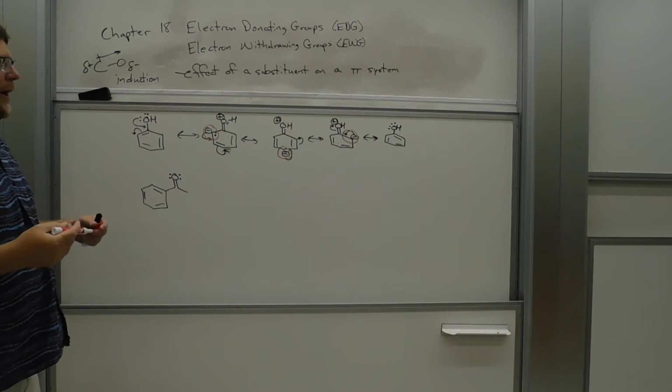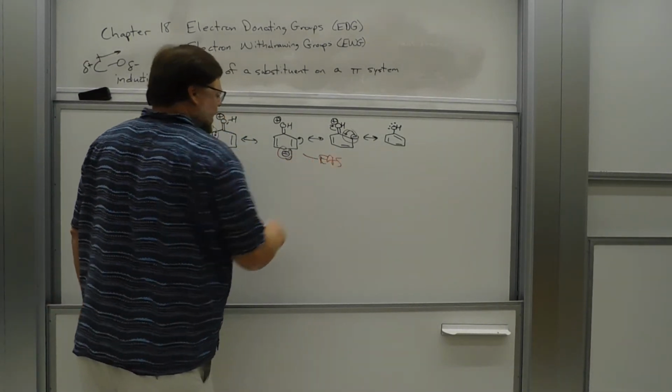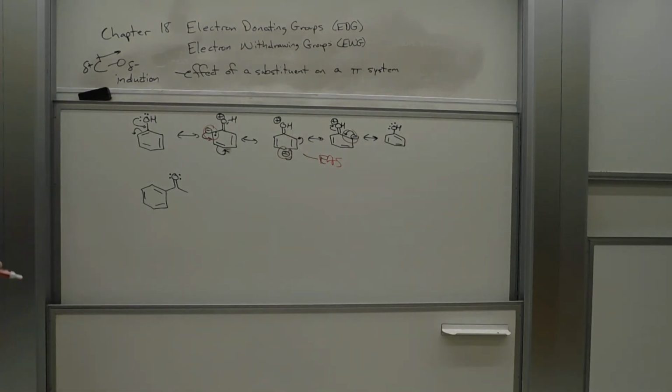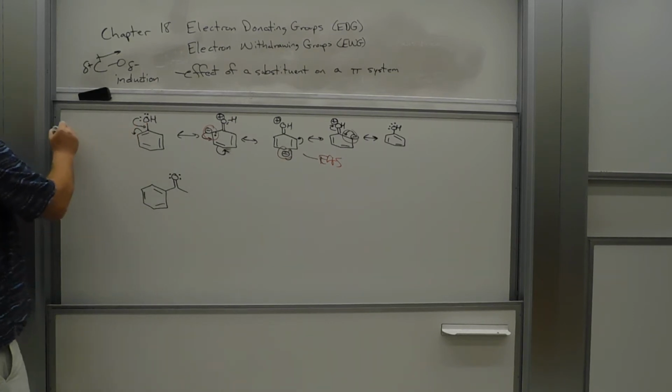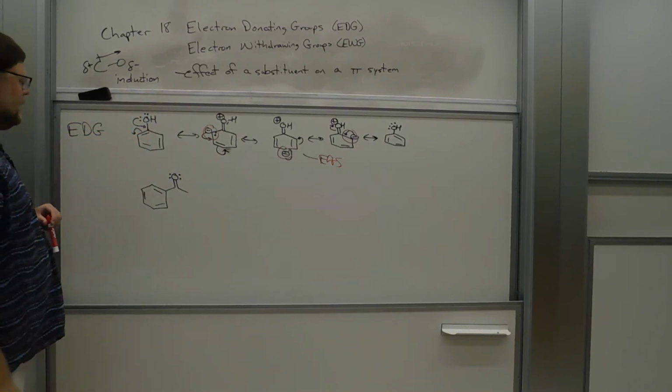And that's exactly what we find. We're going to find this in the electrophilic aromatic substitution reaction, which is going to take up most of our time in chapter 18. All right, and we would call OH an electron donating group, because by resonance, it's pushing electron density into the ring.